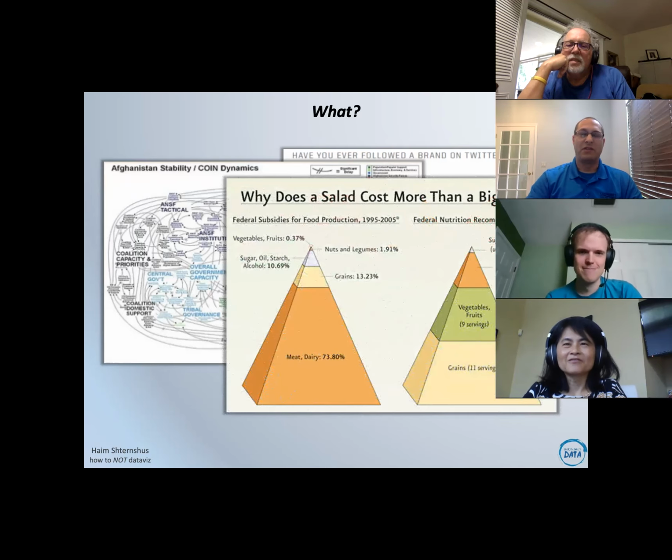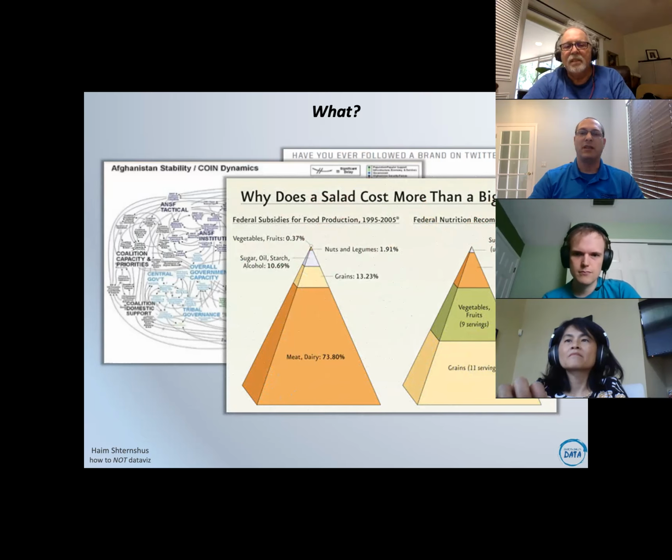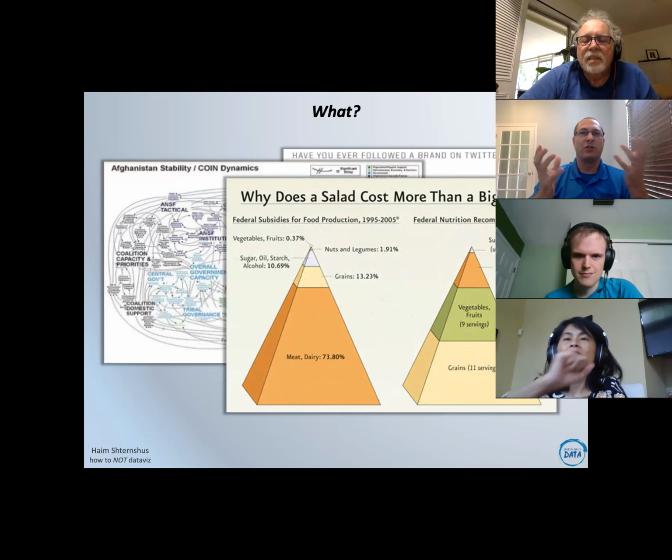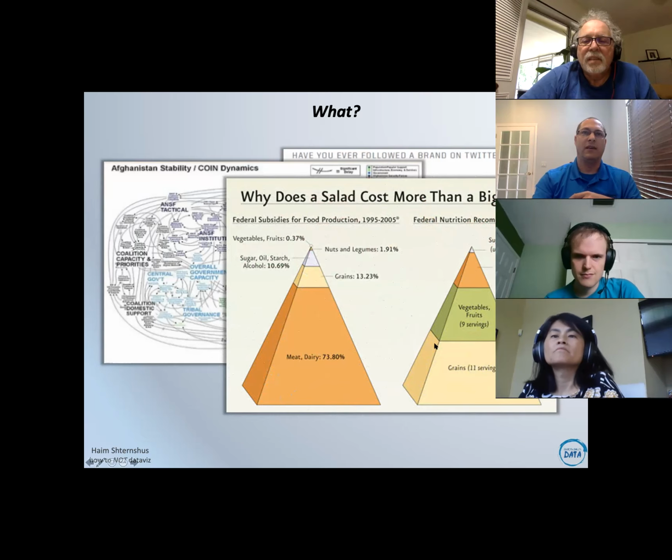So here's another interesting one. And at this point, really it doesn't matter what the topics are, just the tools they used are kind of questionable. When you use a pyramid, what portion of the pyramid represents that 73.8 percentage? Is it the height?